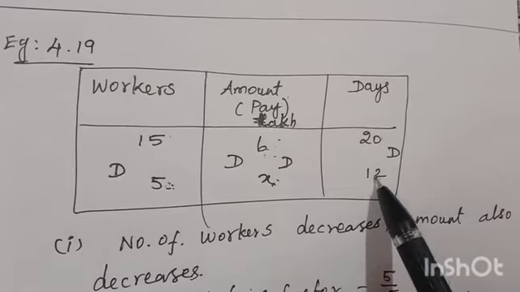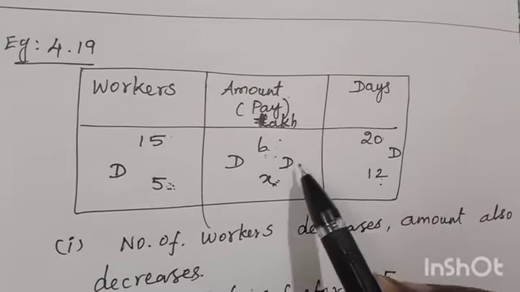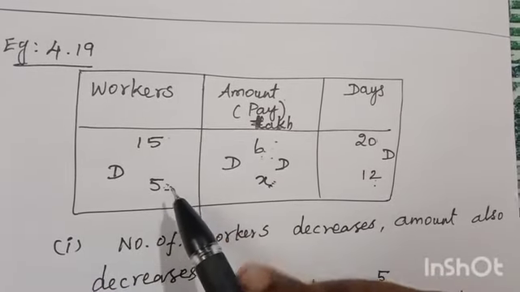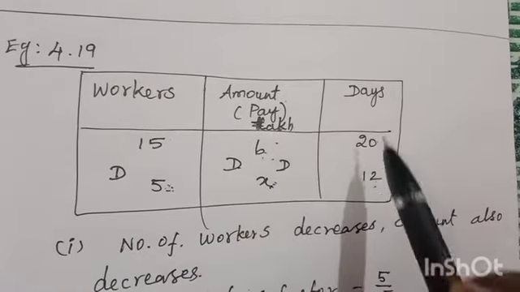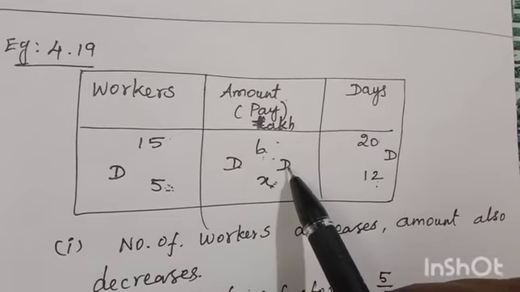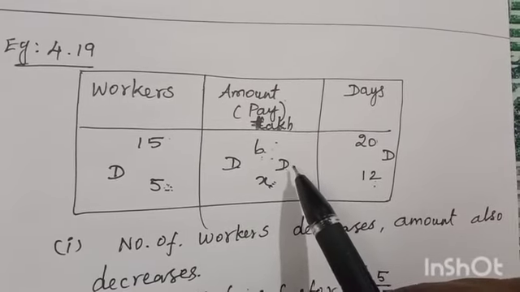So it is a direct proportion. The first result is direct proportion, the second comparison in the second step is also direct proportion. So direct direct, it is a compound variation.